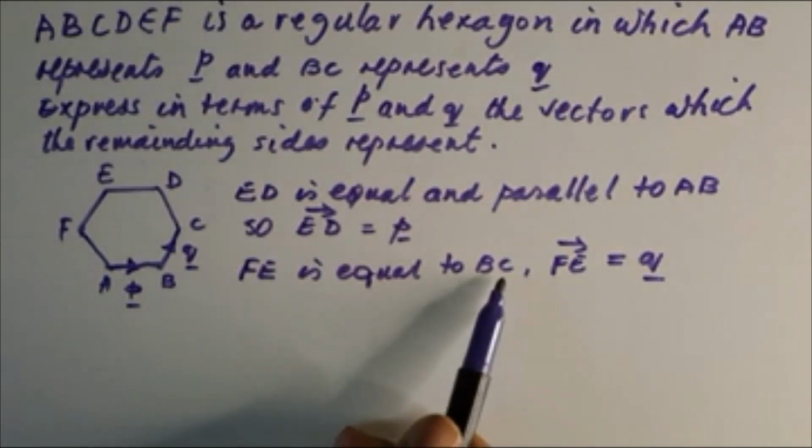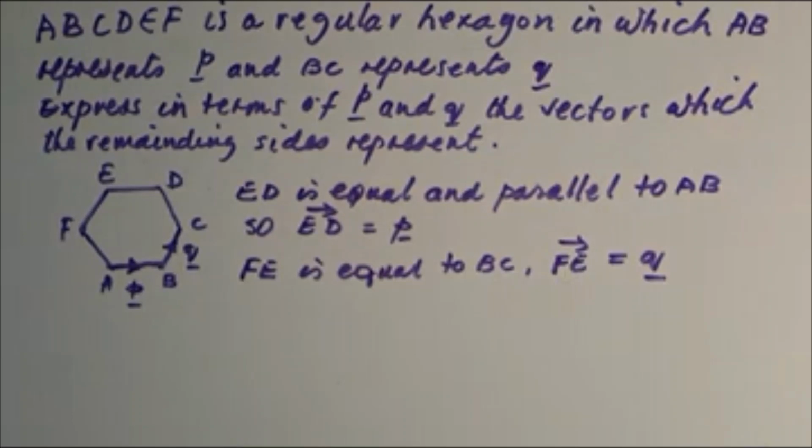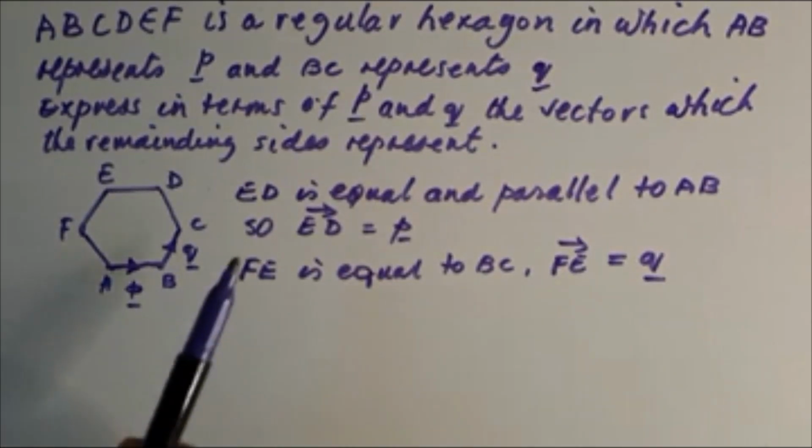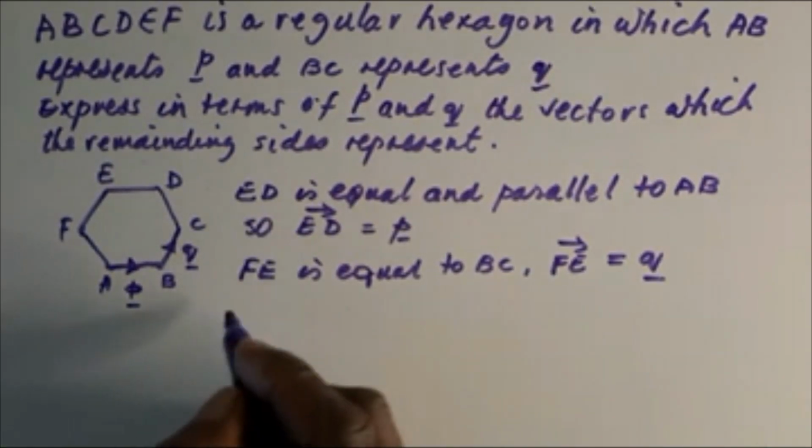We're talking about lengths here. We notice we haven't used the notation for vectors, and only here we've indicated it, which gives the direction from F to E, which is represented by Q. Similarly for ED.